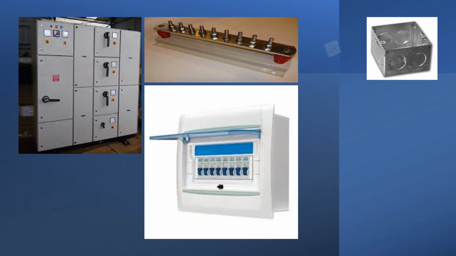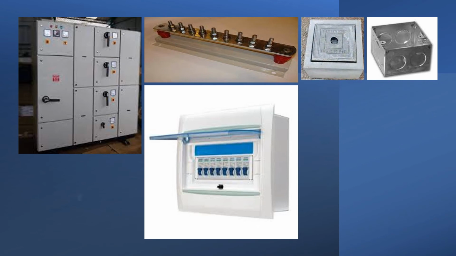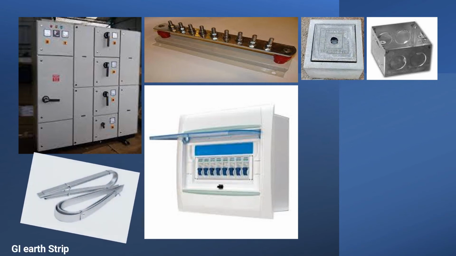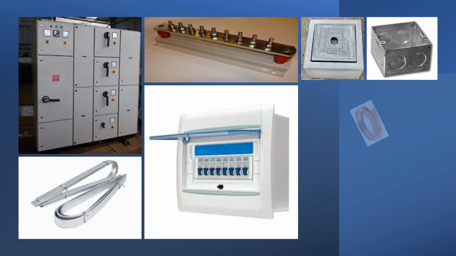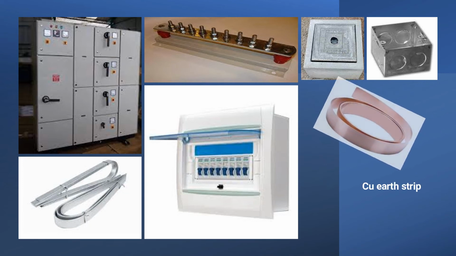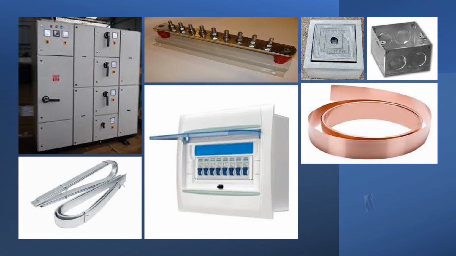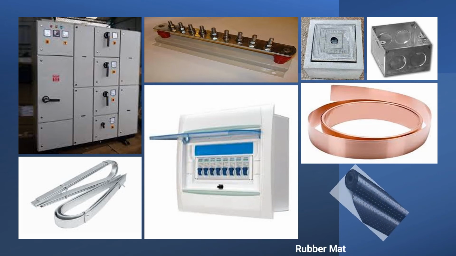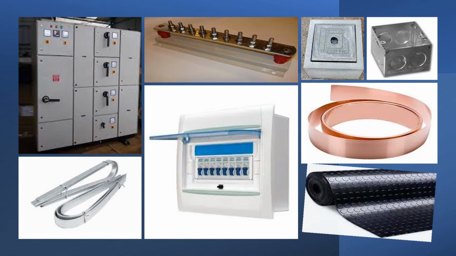This is the earth link. All the earth wires will be connected into this earth link, and it is the earth pit, where the earth pit will be installed in the ground level. So the GI strips will be used to connect from earth strip to earth pit, and copper strips will also be used. Mainly copper strips will be used for neutral earthing.